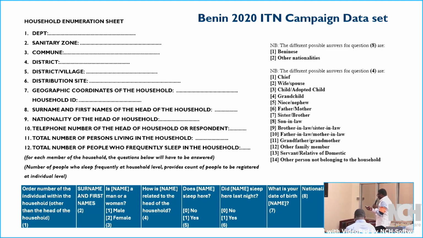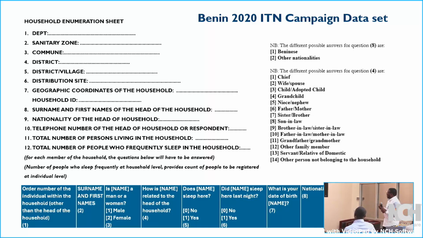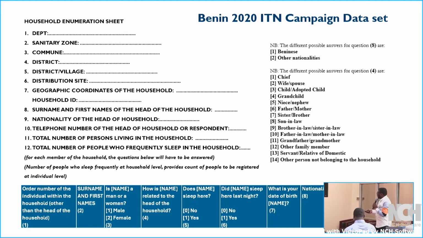Now, interestingly, you still have information on whether this person sleeps in the household, and then whether this person had slept in the household last night.